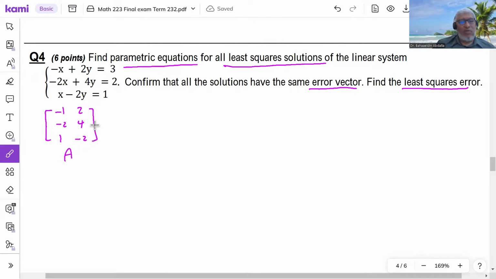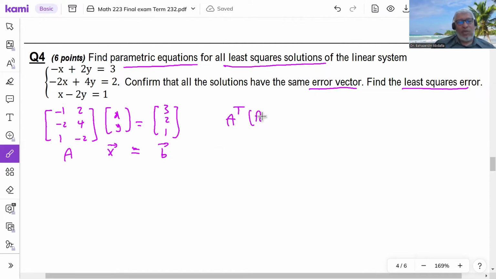This is A, the coefficient matrix, times X, which is x and y, I have two variables, equals 3, 2, 1, this is B. So first step, I write the system in the form AX equals B. And then I find the associated normal system, which comes by multiplying both sides by A^T, the transpose of A.